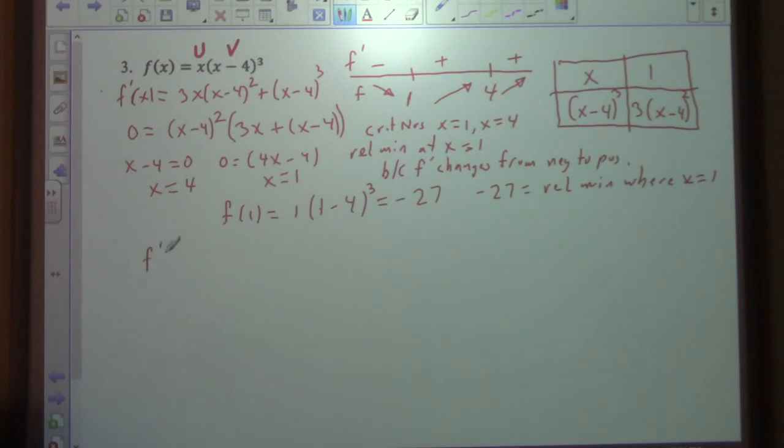We know f prime of x is equal to this (x minus 4) squared, and then times this 4x minus 4, right? That's our f prime of x. And so what's f double prime of x going to be?